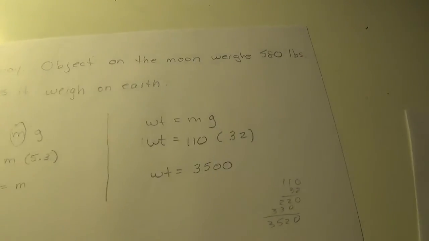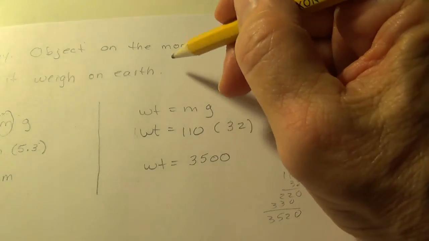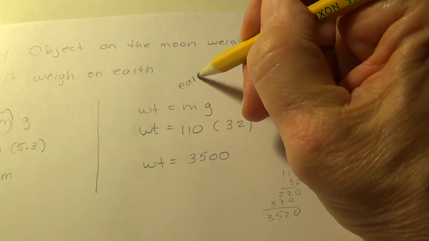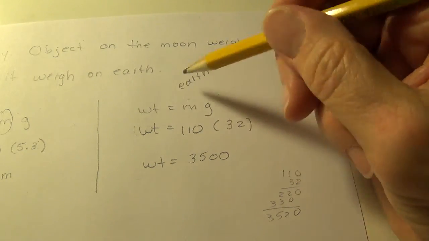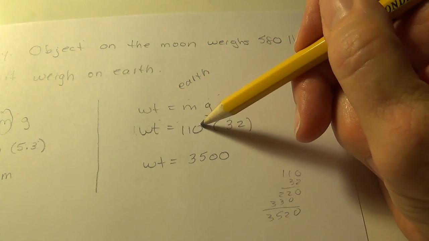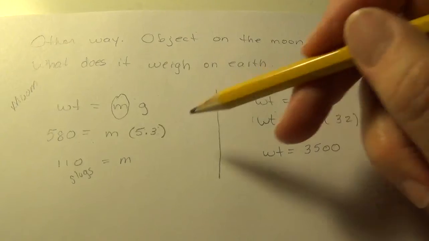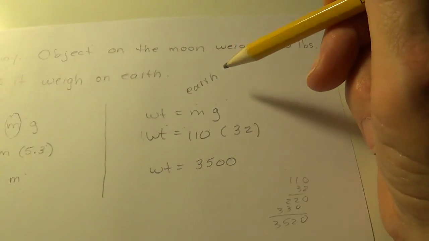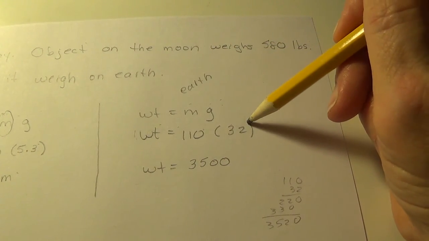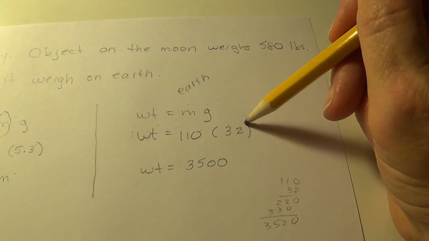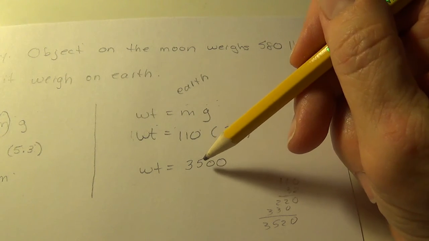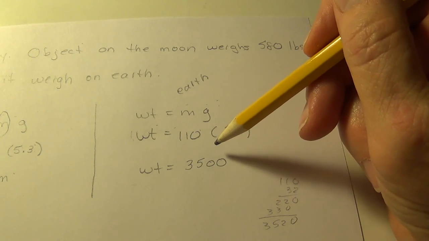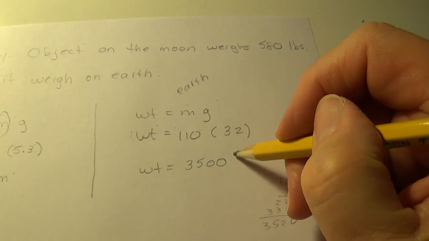So now we're going over here to planet Earth, because that's what the question asked us to do. Weight equals mg. Weight equals 110. That number came from this side. That's the mass we calculated. Times, now we're on Earth, so we're going to use 32. With sig figs, we get 3,500 pounds.